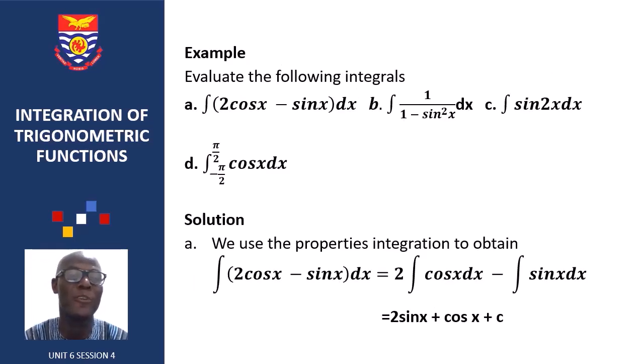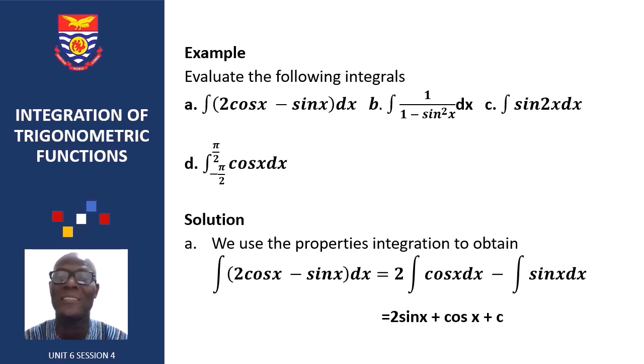Integration of trigonometric functions. Example, evaluate the following integrals. A, the integral of 2 cos x minus sine x dx. B, the integral of 1 over 1 minus sine squared x dx.